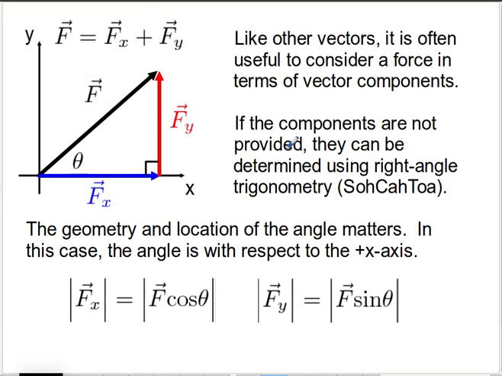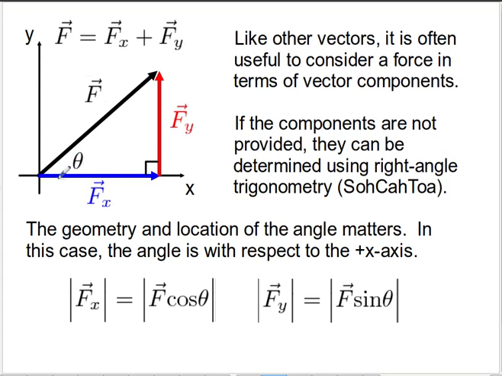So if we're going to represent forces as vectors, we're going to make use of many of the same skills and properties that we've made use of so far. If we start off once again with our force vector, we can break that into a triangle. And in this case, I've broken up that triangle, one part along the x-axis and one part along the y-axis.